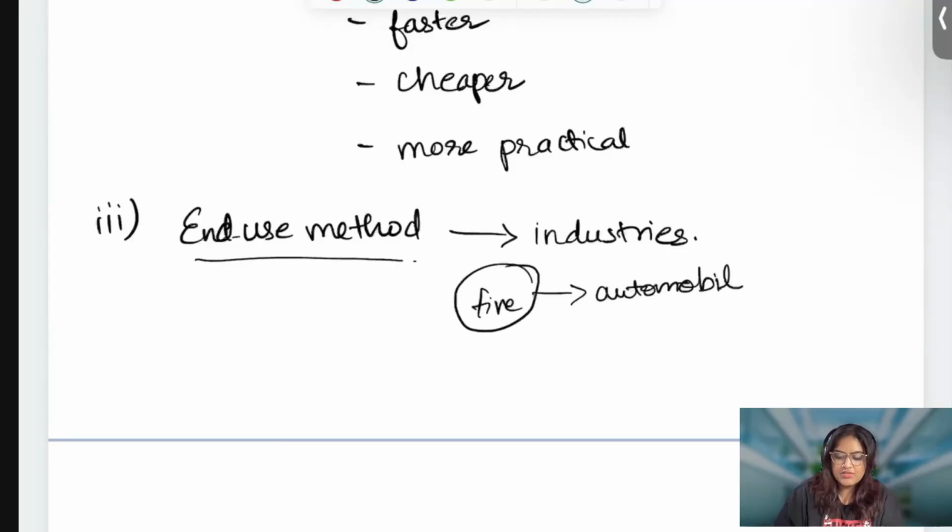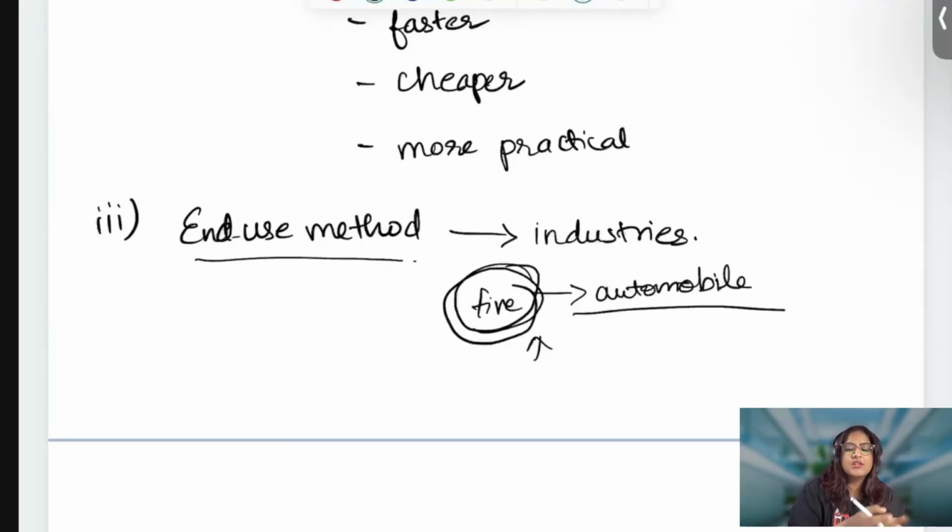If the automobile industry is expecting a rise in the production of cars, then definitely the requirement for tires will increase. So that is how in the end use method you will be surveying the intermediary industries to understand the future demand. So this method is very useful in industrial demand forecasting.